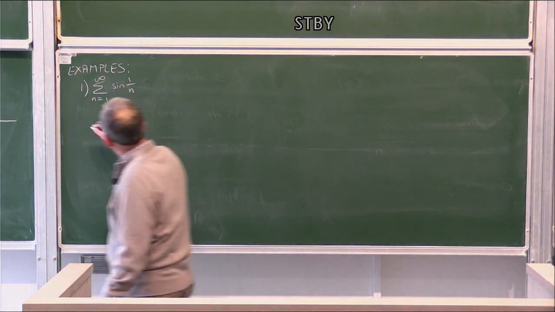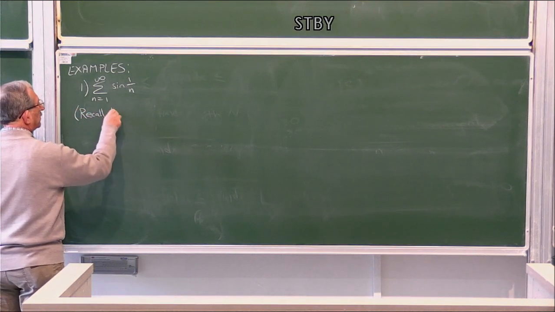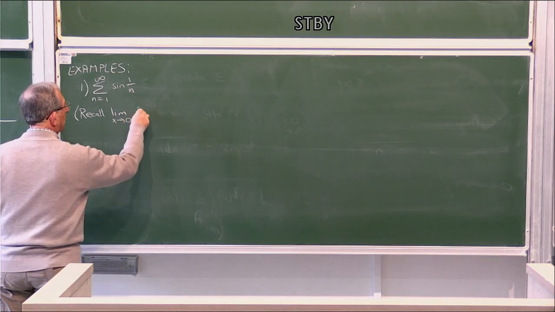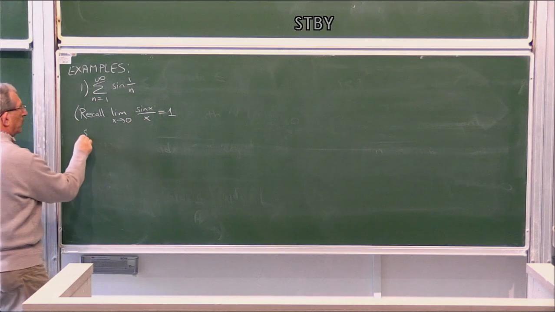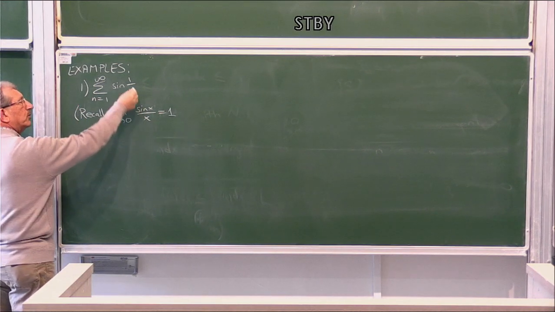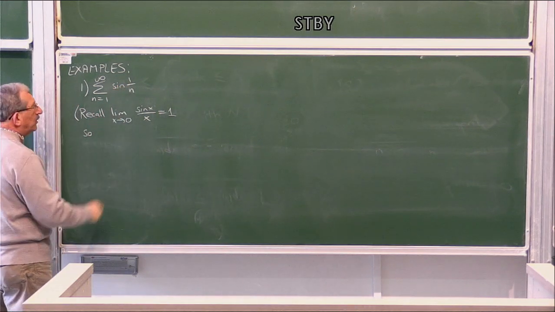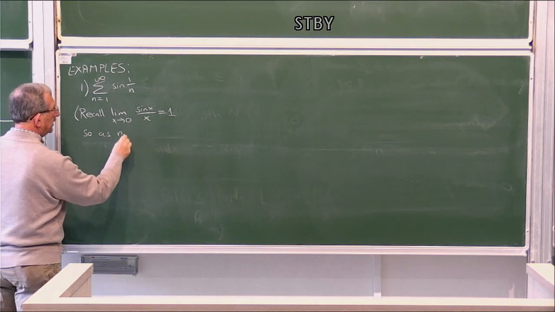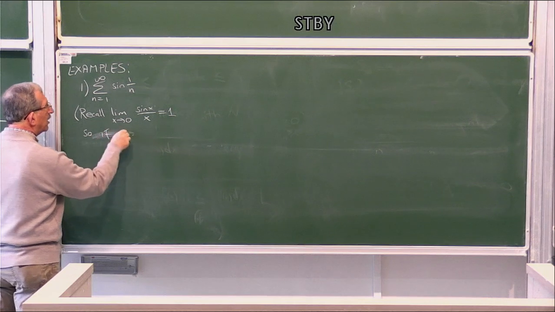Now here, okay, we recall that limit x going to 0, sine x over x is 1.